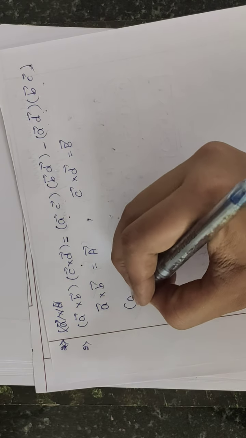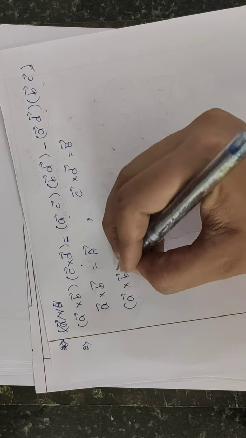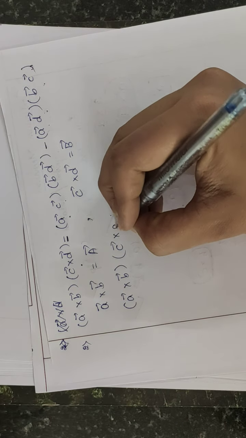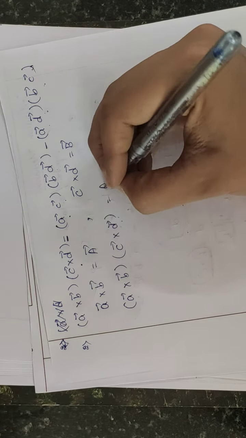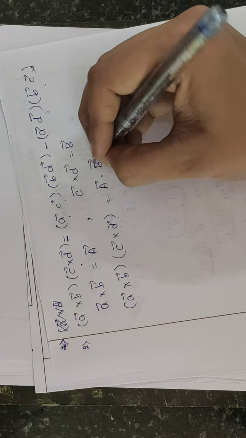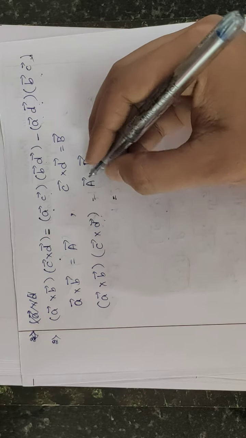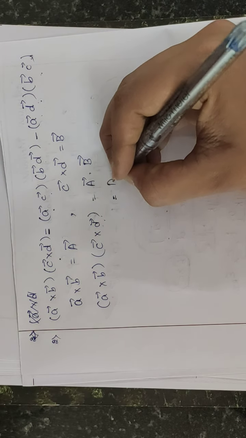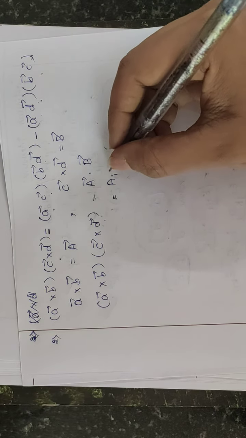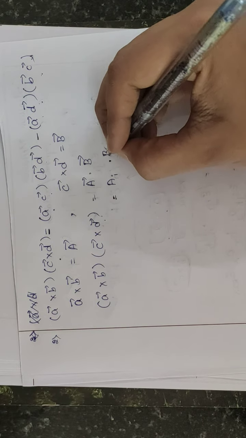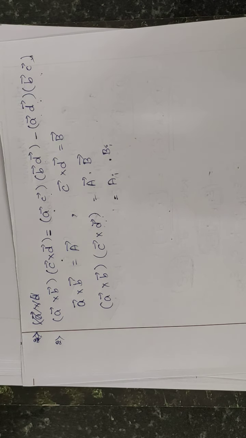If I consider my LHS part, this will be equal to vector A dot vector B. Instead of writing the arrow mark, we can write A for the ith component into B with respect to the ith component.